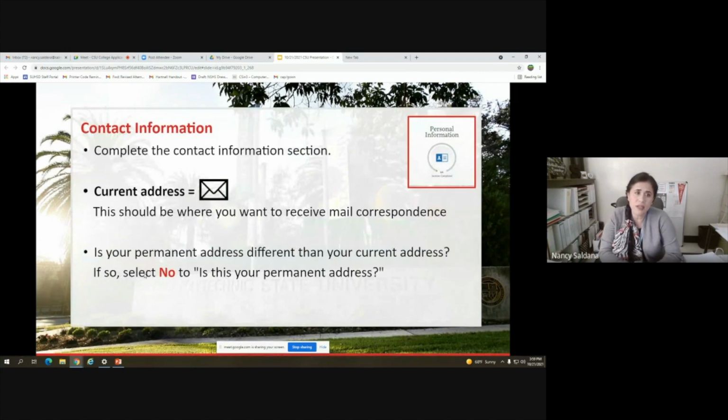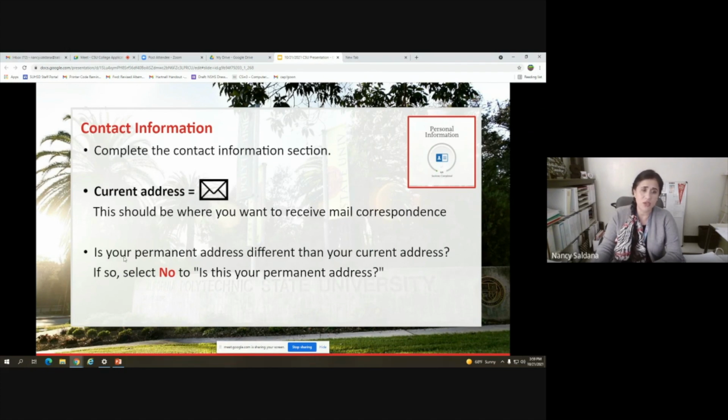In this particular part, the personal information, you will also be required to provide your current address. You need to make sure that this is where you want to receive your mail. Whatever address you want to use, you need to make sure that you will have access to that mail.